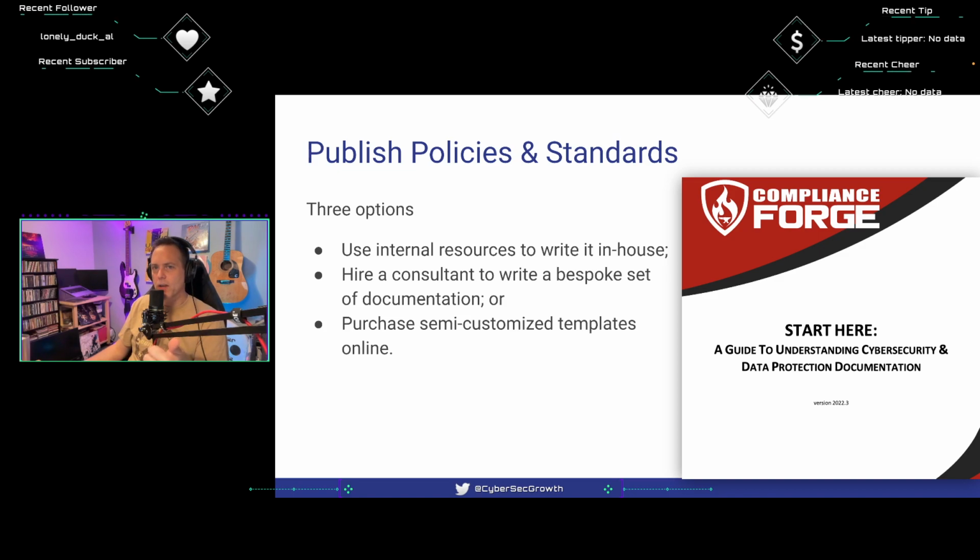Writing your policies and writing your standards after you identify your security controls. First, you can have people in-house write them. 2, you can hire a consultant to write a bespoke set of documentation, which if you're new to this, just go hire an audit consultant to help you there. Or 3, purchase a set of semi-customized templates online. Compliance Forge is really good for this.